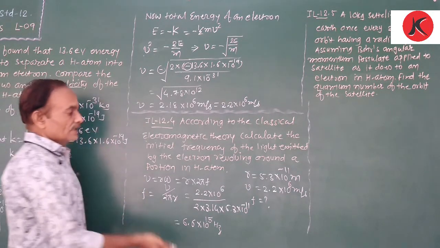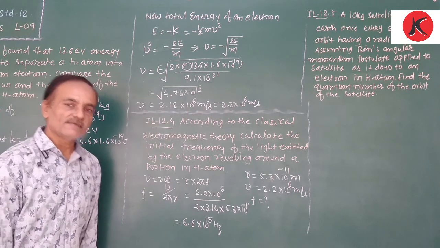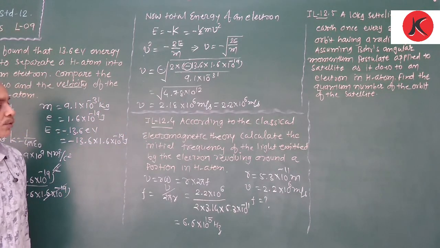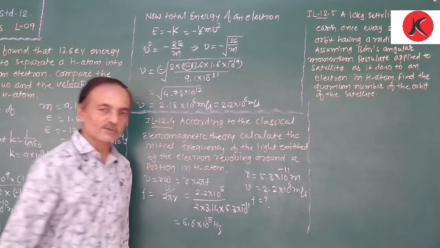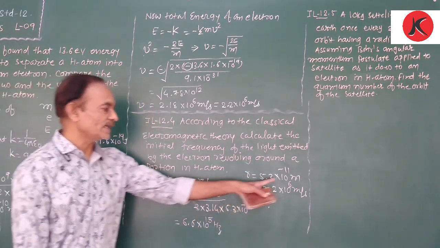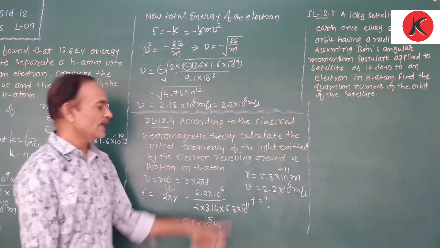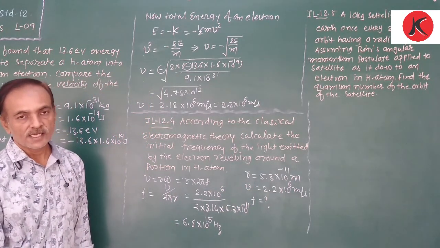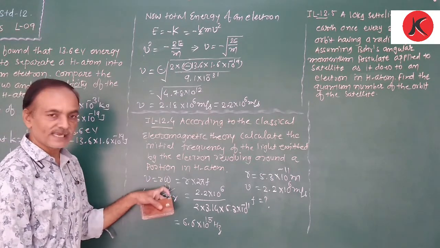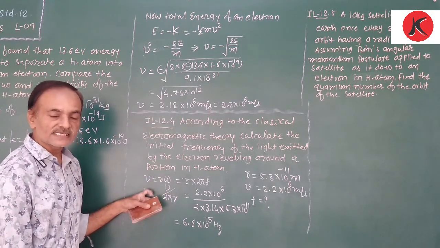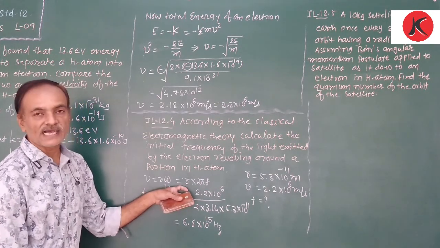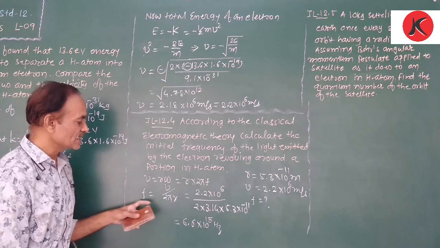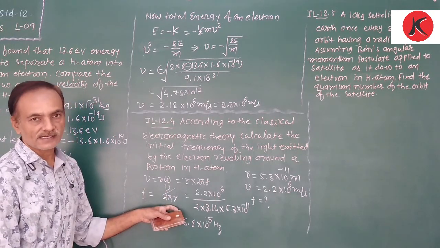Again, here the radius and velocity we have to take from the earlier illustration 12.3. Already we found the radius of the electron in the hydrogen atom is 5.3 into 10 is to minus 11 meter, and velocity is 2.2 into 10 is to 6 meter per second. We know the relation between linear speed and angular speed, v is equal to r omega, but omega is equal to 2 pi f, therefore f is equal to v upon 2 pi r.